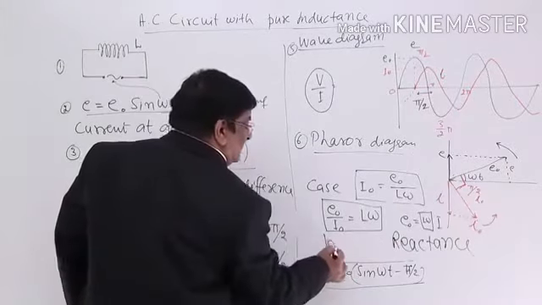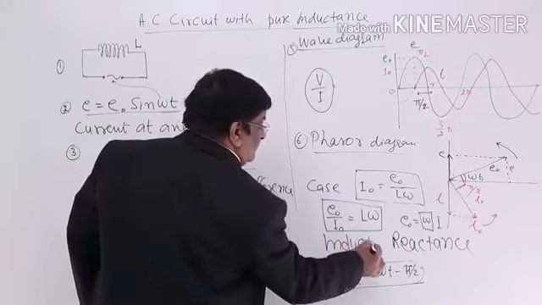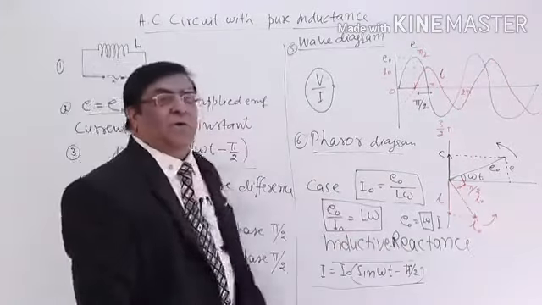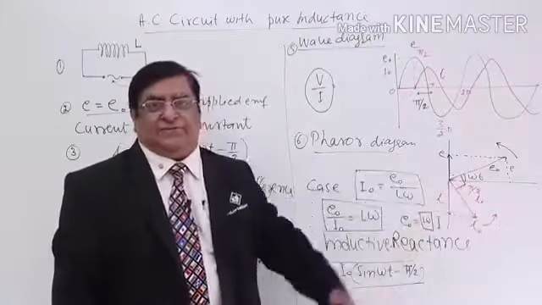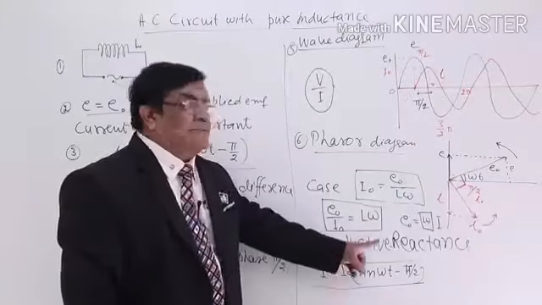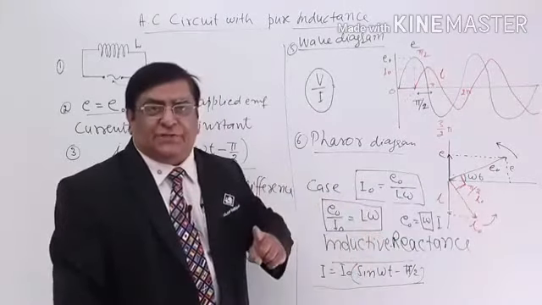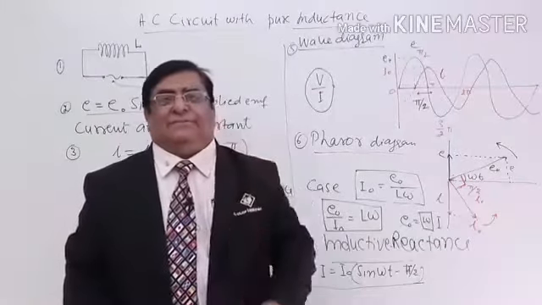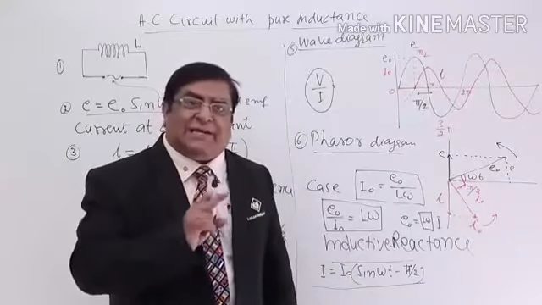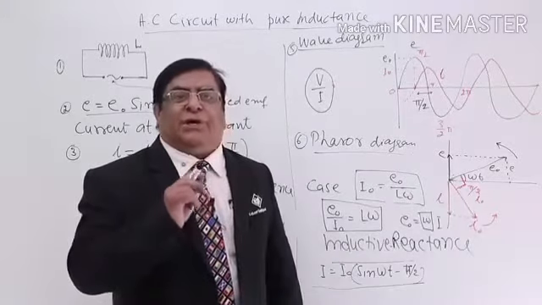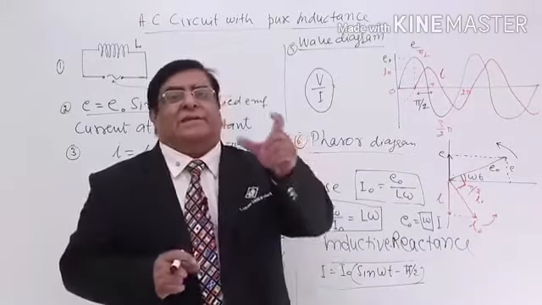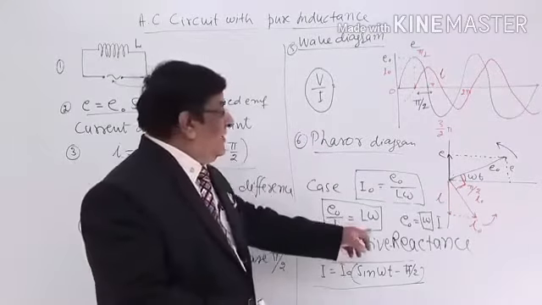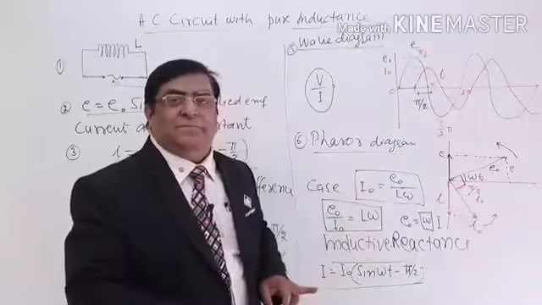So we call it inductive reactance. Now, what is inductive reactance? Inductive reactance is the opposition given to the current by an inductor in the circuit. Its value is L omega.